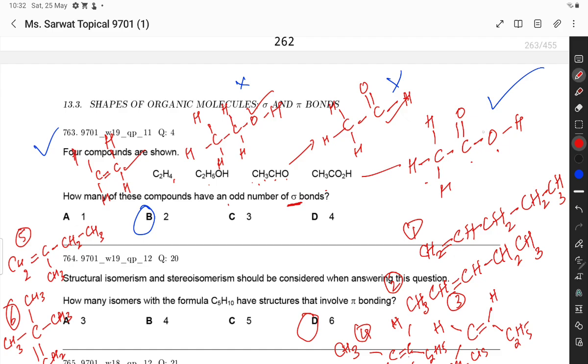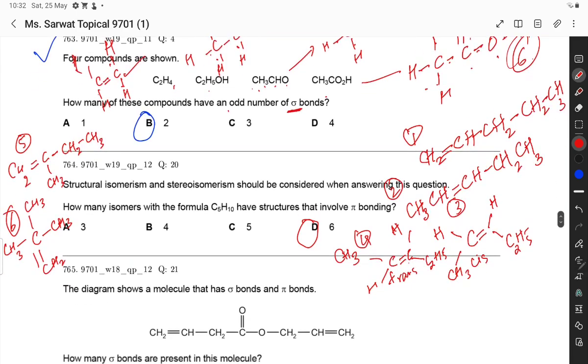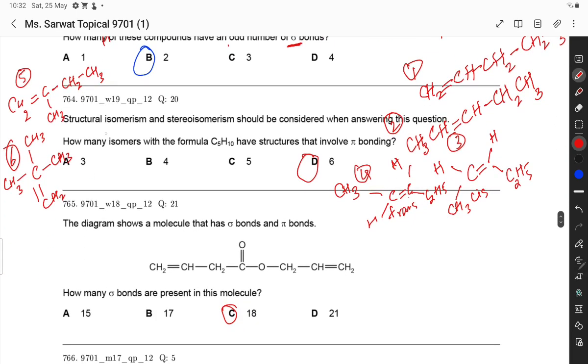This is 1 and this is also 1 sigma bond. 1, 2, 3, 4, 5, 6, 7, this is 7 and 1, 2, 3, 4, this is not an odd number. And 1, 2, 3, 4, 5, this is an odd number, 1, 2, 3, 4, 5, 6, this is 6, not odd, this is even. So there are 2 compounds which have an odd number of sigma bonds. So B option is the correct option.